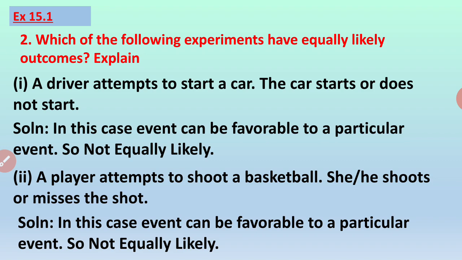And if he or she is just a person like me or some of you who has never played, in that case, he or she may go on missing each and every shot, or may get 1 or 2 baskets. So it depends on the capability of the person. So we are not going to consider it as an equally likely event.